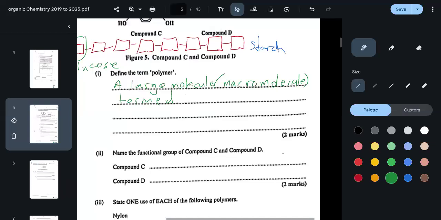So it is formed by joining small molecules, and these molecules are called monomers, together.